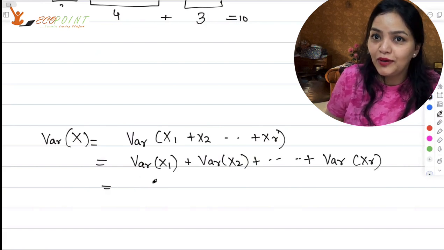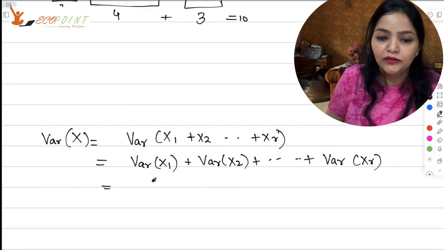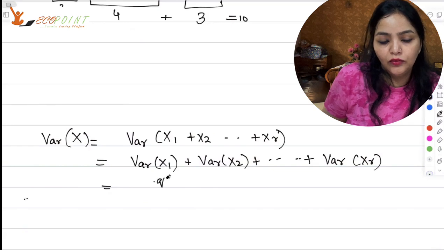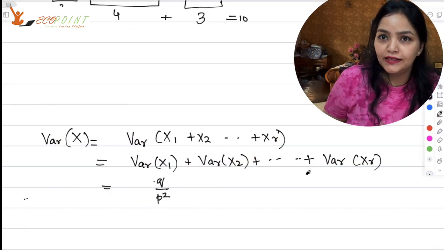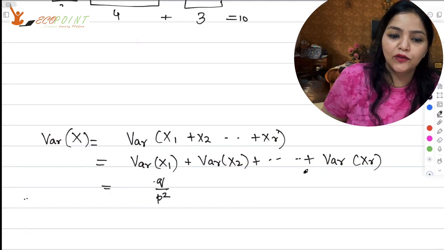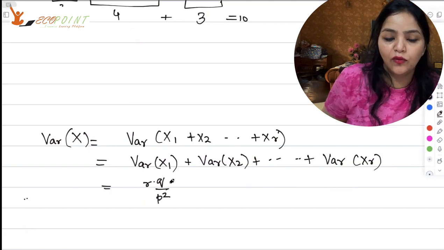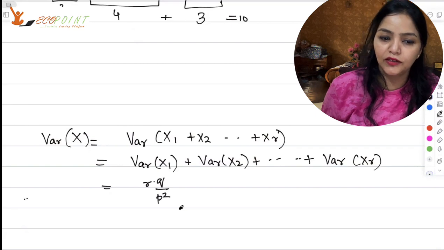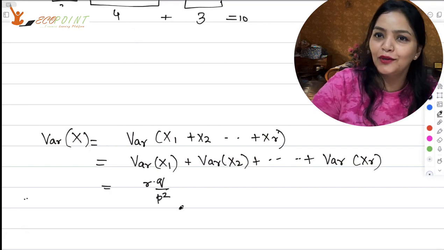If you remember what turned out to be the variance for a geometric random variable, the variance of any geometric random variable is q by p squared. And all of these are with the same parameter. So that means I have r times of that. So rq by p squared is what you get. This is what I wanted to discuss today. Thank you very much.